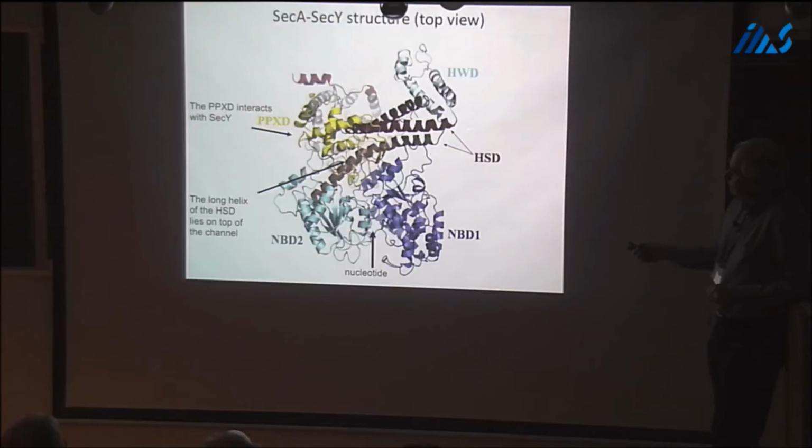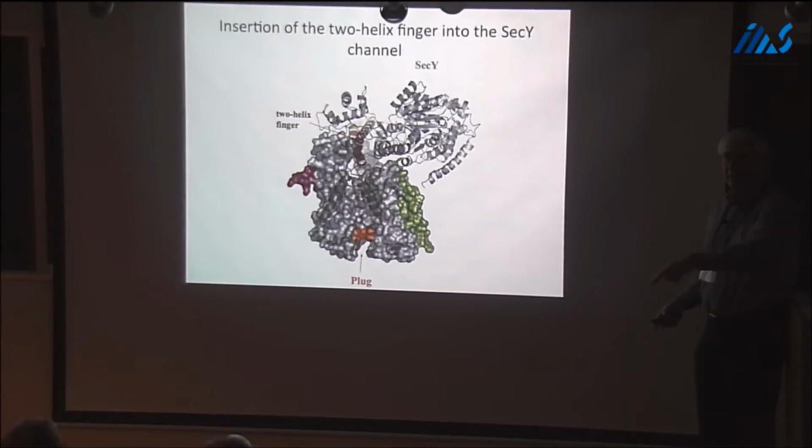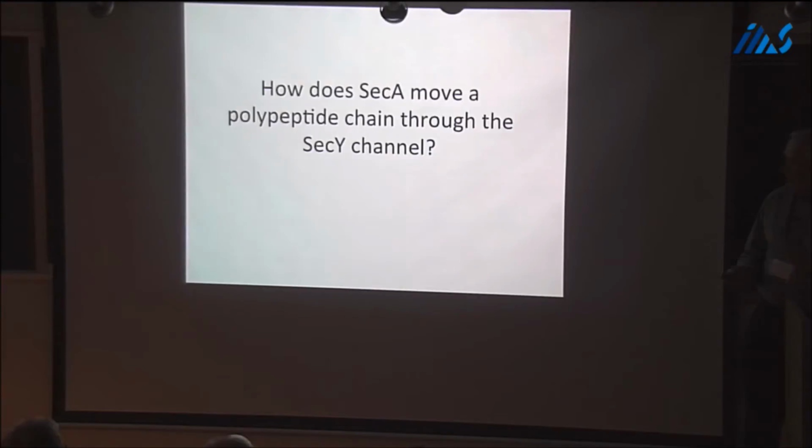But the most important feature that we noticed when we looked at the X-ray structure is what we call the two-helix finger: a helix, a loop, and a helix going back out. This two-helix finger pokes into the cytoplasmic funnel into the SecY channel. And so this gave us some ideas of how the SecA ATPase may actually move polypeptide chains through the channel.